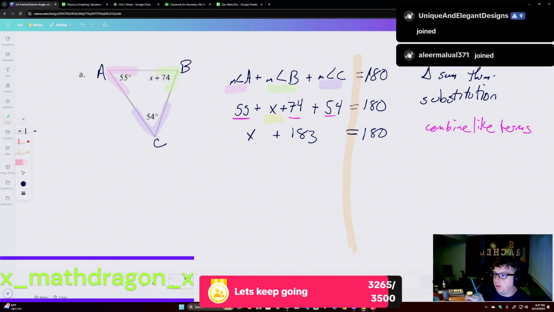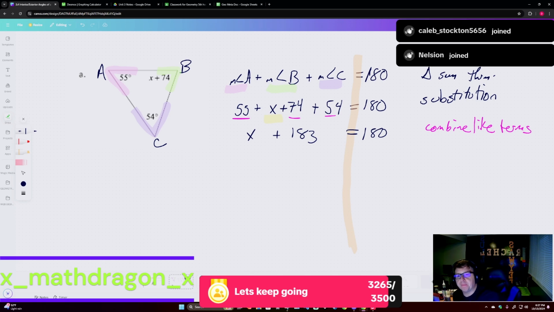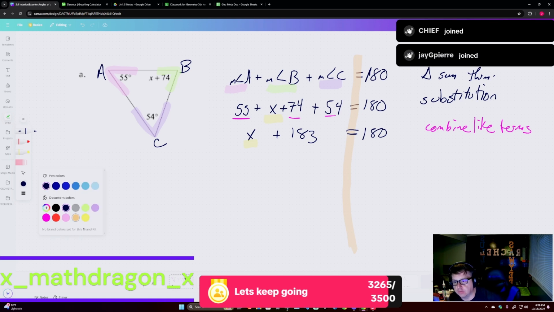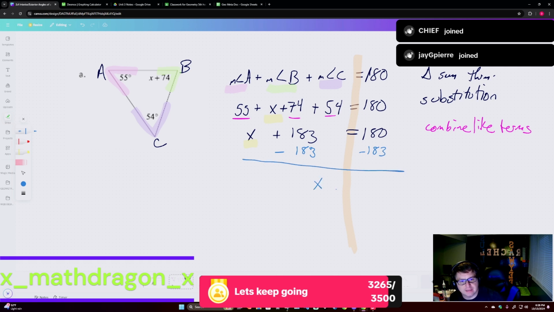All right. With that, we still want to underline our variable, but now we have x plus 183 equals 180. So we have to finish this off. So to get rid of addition, we are going to subtract 183, and x is going to equal -3.